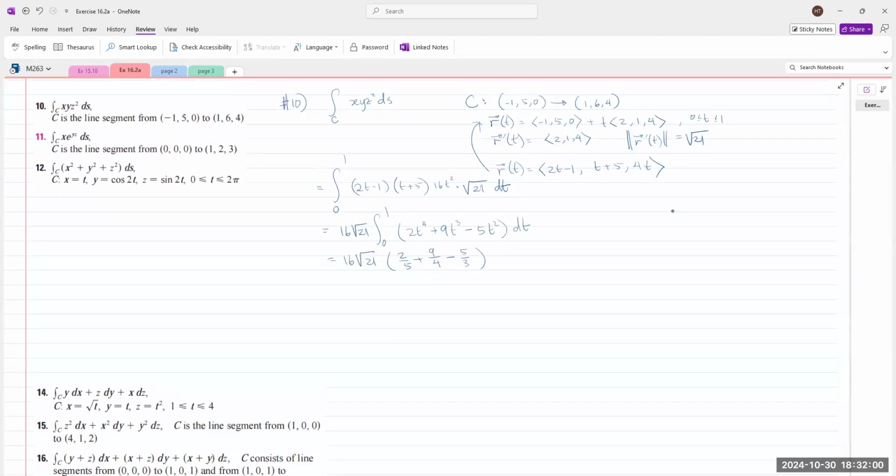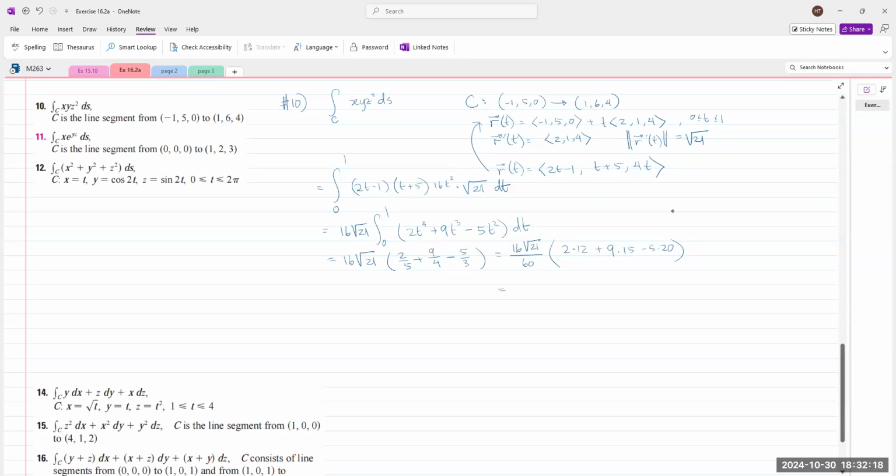Let me relearn, repractice my pre-algebra. I do LCD 60, so that will be 2 times 12 plus 9 times 15 minus 5 times 20.